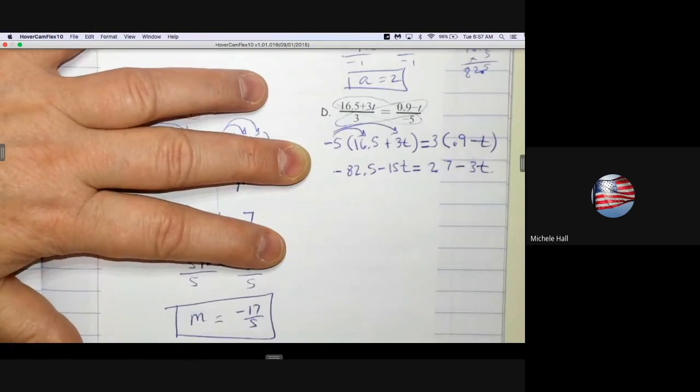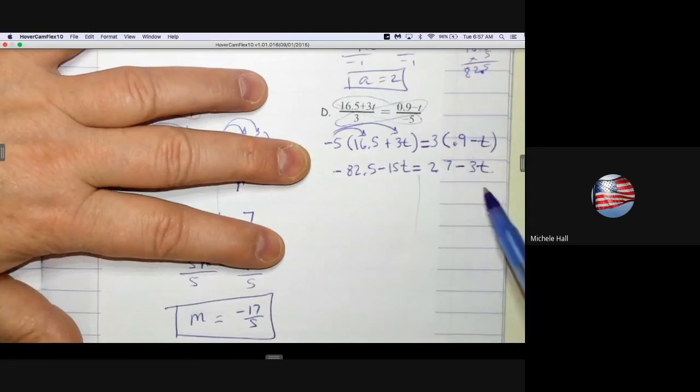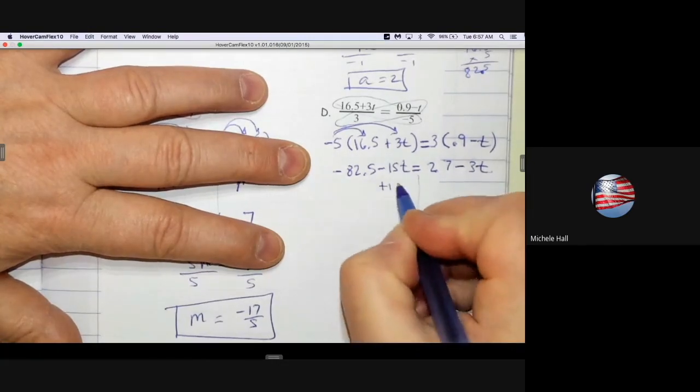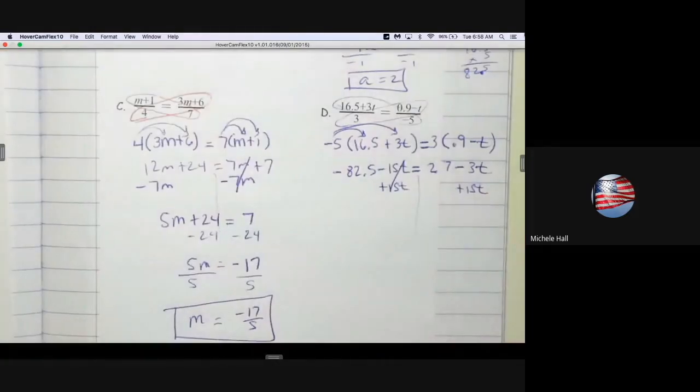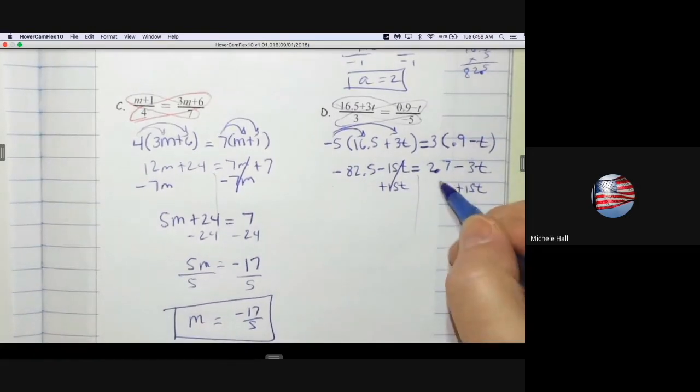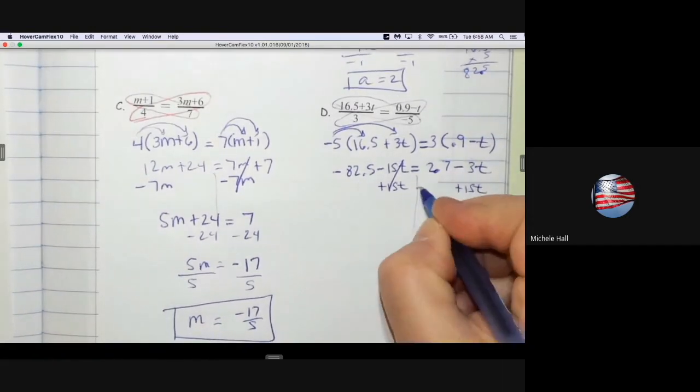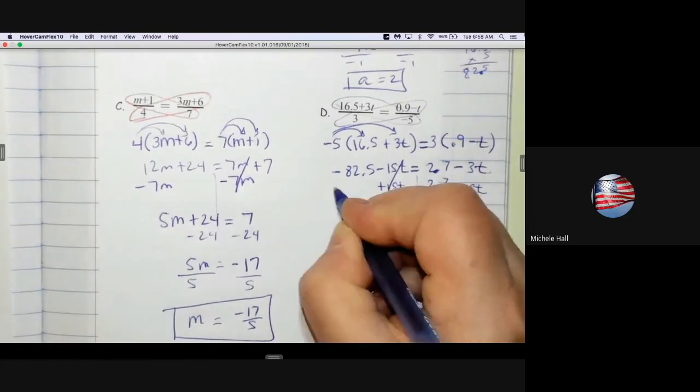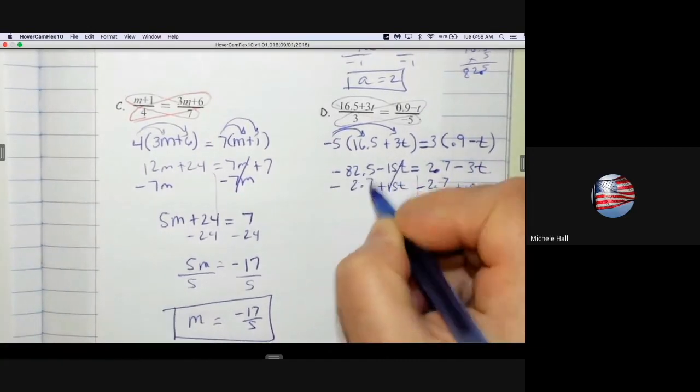Now that I've gotten rid of my parentheses, I'm ready to start shifting across that equal sign. I'm going to bring the 15t over to the negative 3t. So add 15t. At the same time, if I'm shifting my t's to the right, that means I want to be shifting my numbers to the left. I have a positive 2.7. I want to put it on the opposite side. That'll be negative 2.7, lining up your decimals.